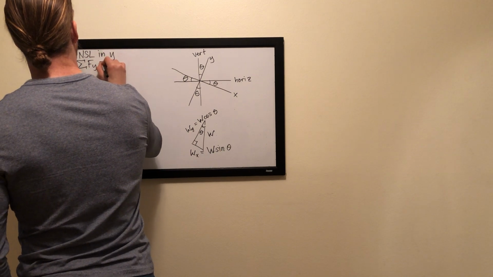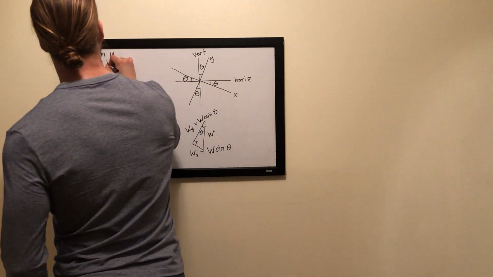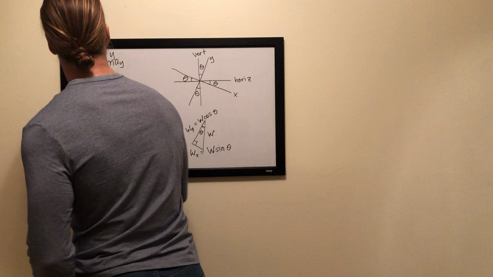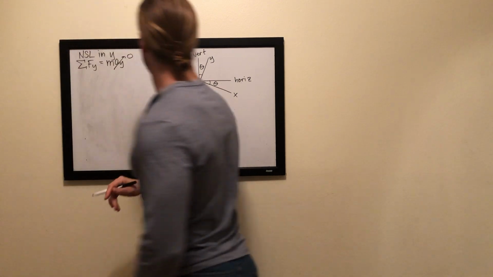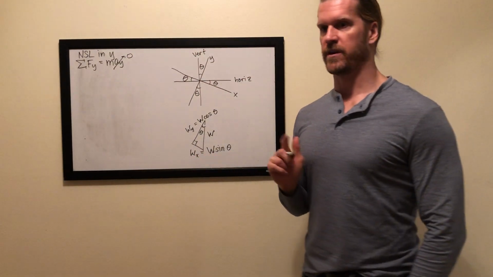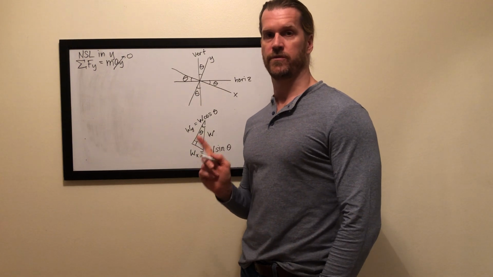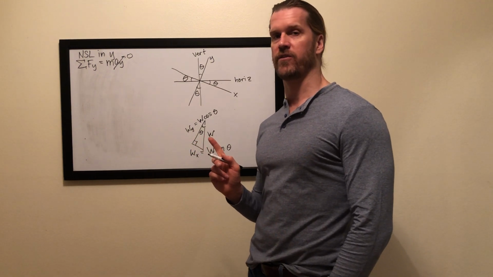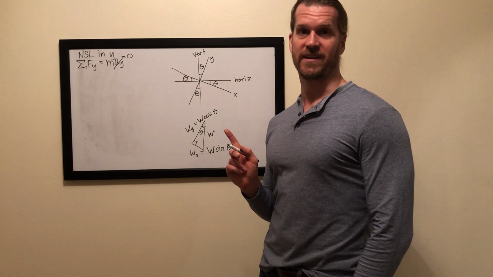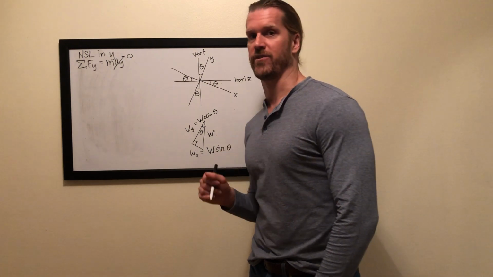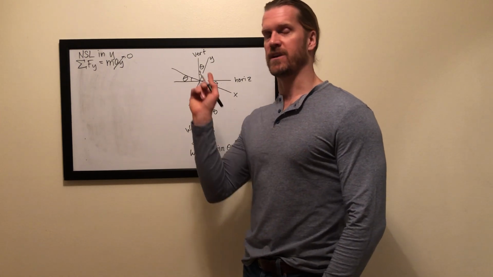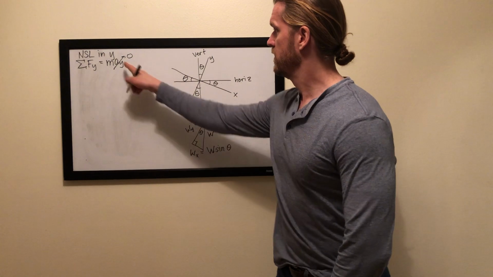In y, the acceleration is going to be 0 because the y direction was perpendicular to the slope. The skier is not moving perpendicular to the mountain. The skier is moving along the mountain. The skier is not jumping up or sinking into the snow. So that's 0.